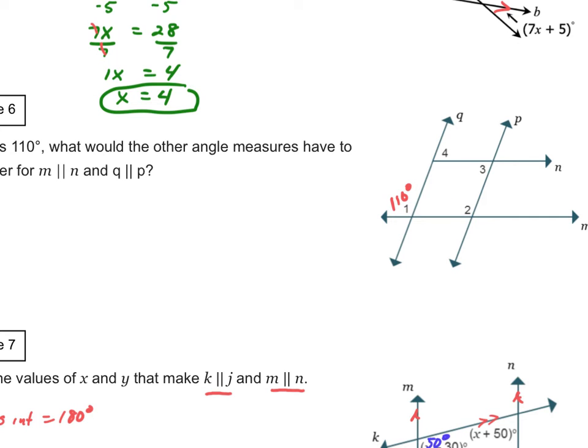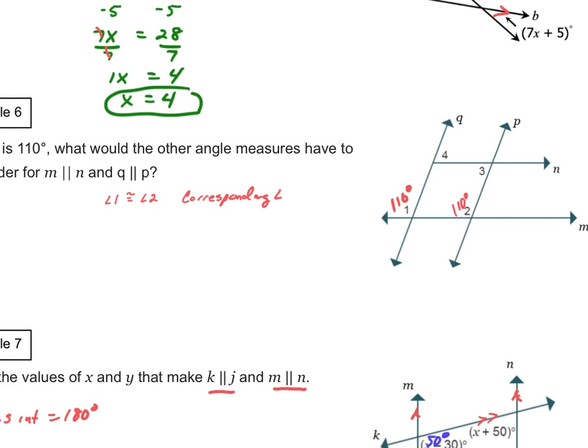So if my corresponding angles are congruent, then that would make P and Q parallel. So if angle 1 is congruent to angle 2 for the corresponding angles, then we want that to be 110 degrees.